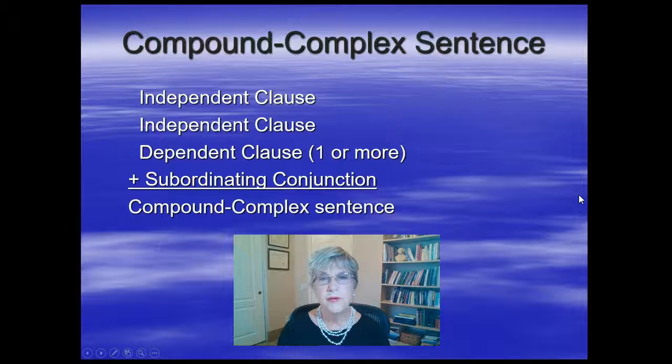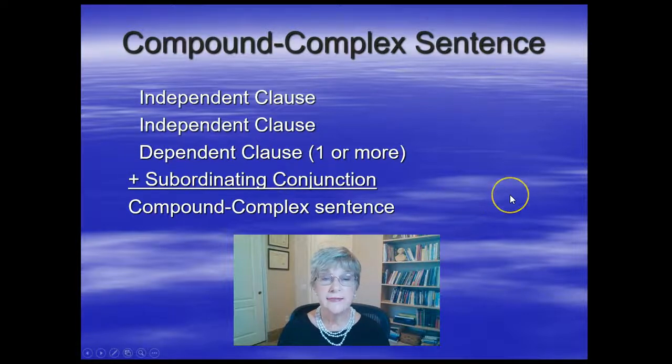And I've put the components of the compound complex sentence into kind of a math formula. So we have the independent clause, the dependent clause, plus the subordinating conjunction. And that all sums up to the compound complex sentence.